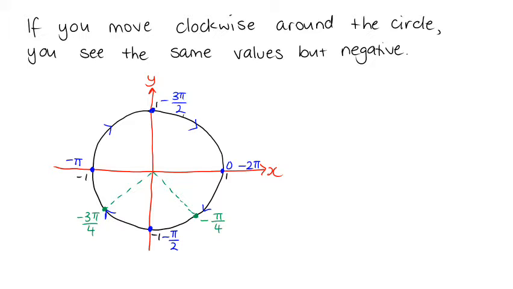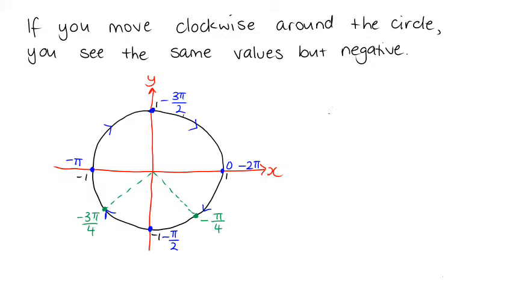So it's all the same values, but just going around clockwise. Because you're going 1 quarter, 2 quarters, 3 quarters. Yeah, a half is 2 quarters. Yeah. So we won't go through every single angle, but you get the idea. It is just the negative. Yeah, it goes the other way around the circle.